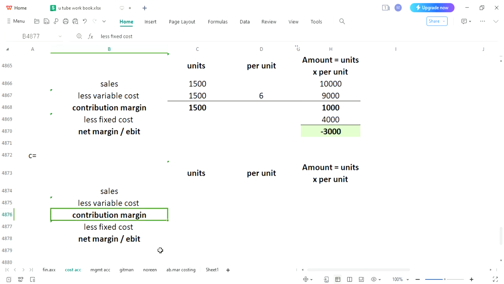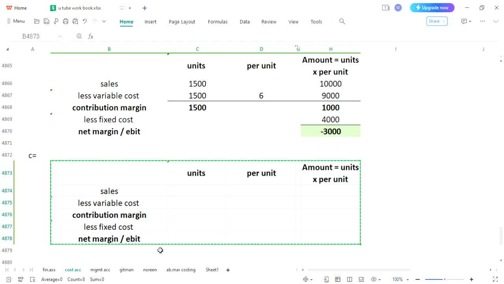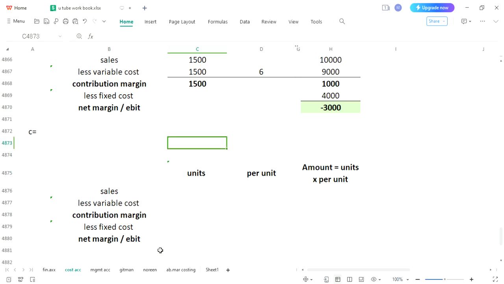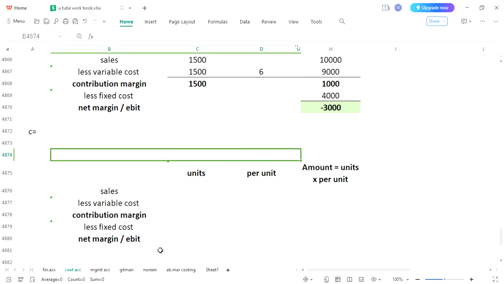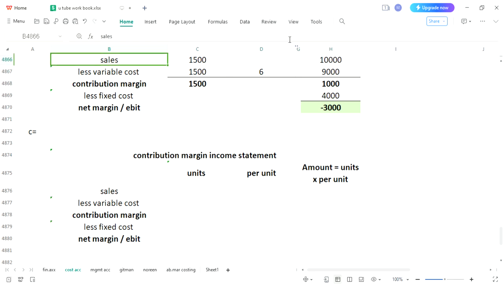Why had we made the second statement again? Because in the question it has been said to change the sale price, and if we are changing this sale price, everything would be altered or changed. This is your contribution margin format income statement, or simply you can write income statement as well, but better to write contribution margin income statement, which would help us to calculate our net profit or net margin.